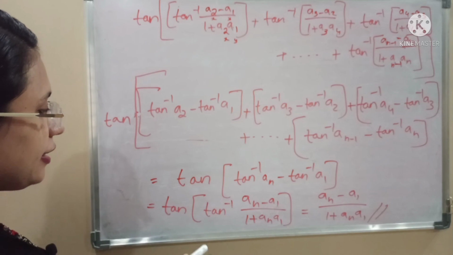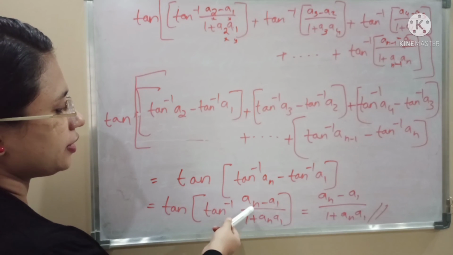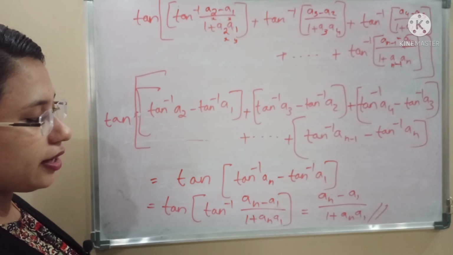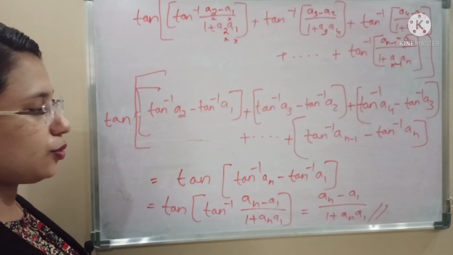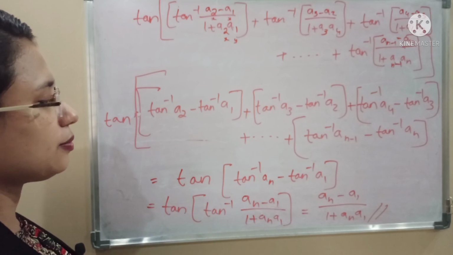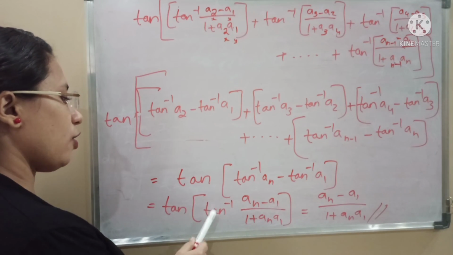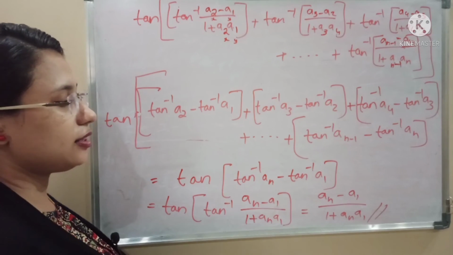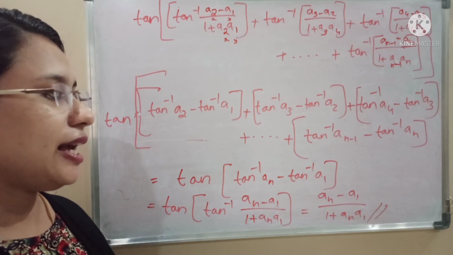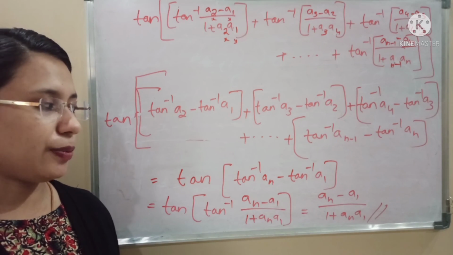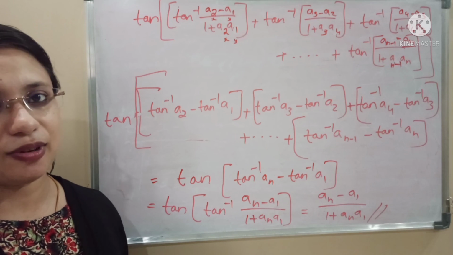So we are putting that expression here, tan inverse x minus y by 1 plus xy. So in place of x and y we are substituting an and a1. Now tan of tan inverse will get cancelled. So finally our answer will be an minus a1 divided by 1 plus an a1. Okay.